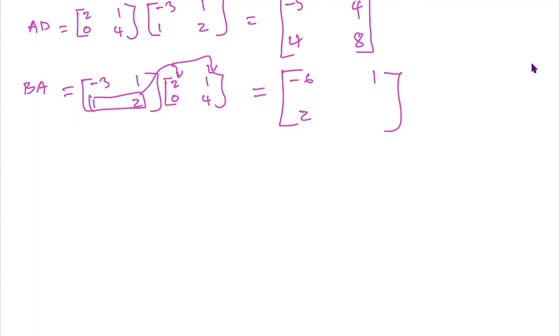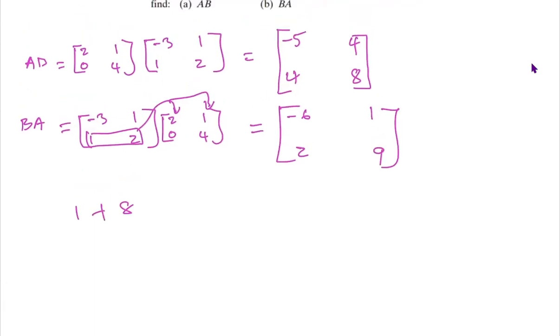Now the second column: 2 times 1 is 2, plus 2 times 4 is 8, so that's 10. So these are the results for the products AB and BA.